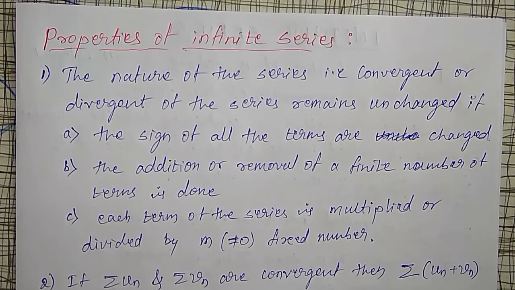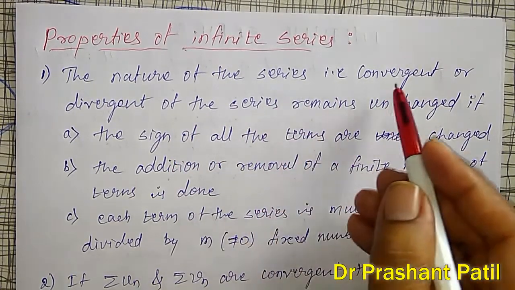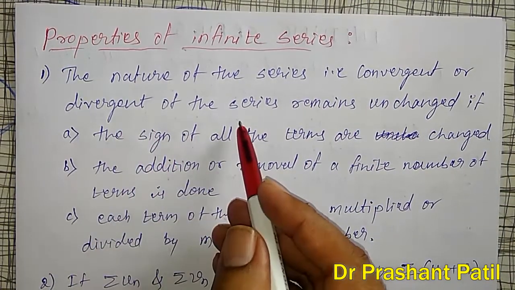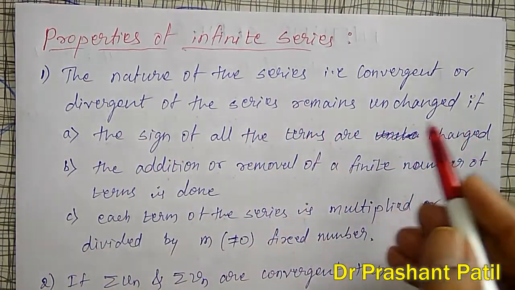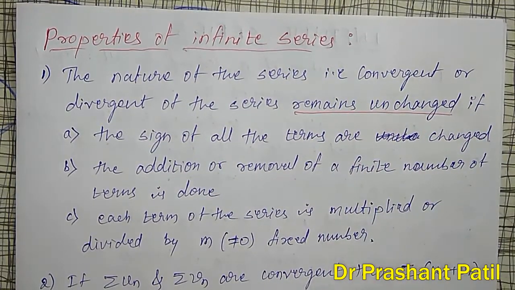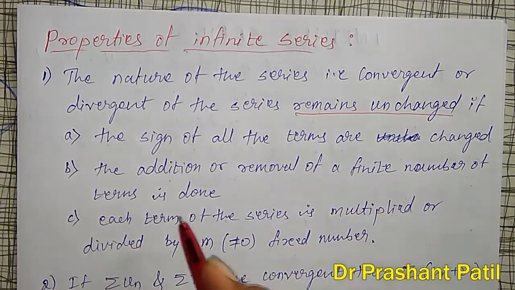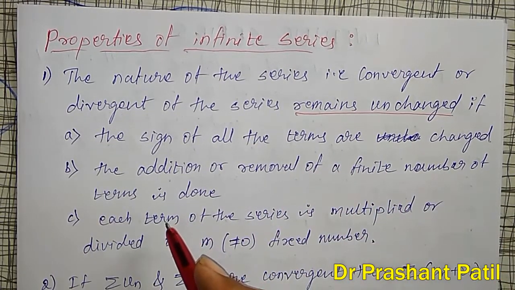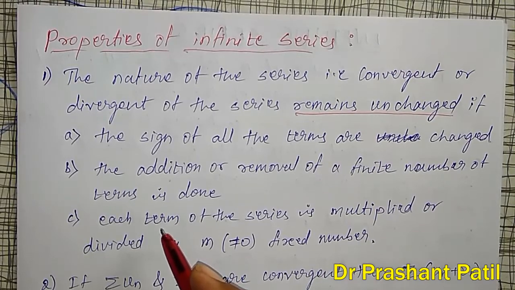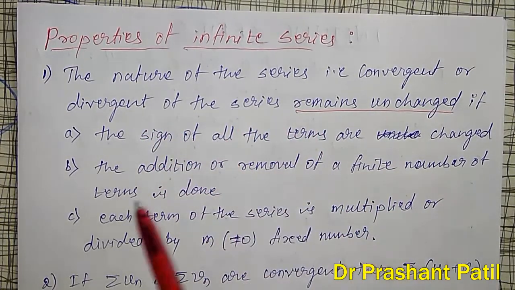Properties of infinite series. What are these properties? The nature of the series, that is, convergent or divergent, remains unchanged if the signs of all the terms are changed. If you change the signs from positive to negative and negative to positive for all the terms, the nature remains unchanged; either it is convergent or it may be divergent.